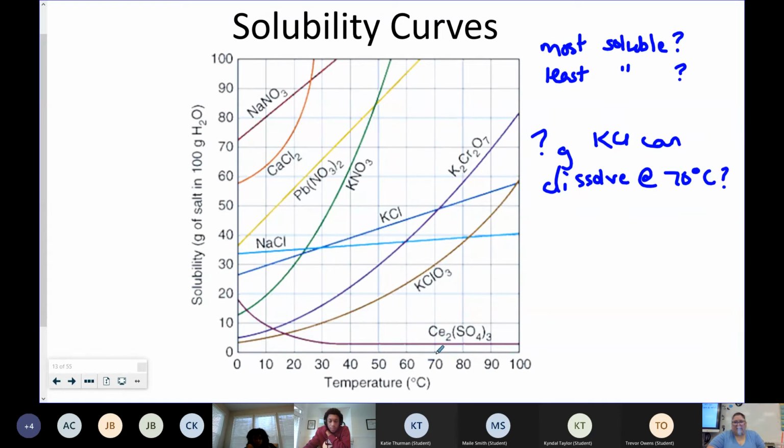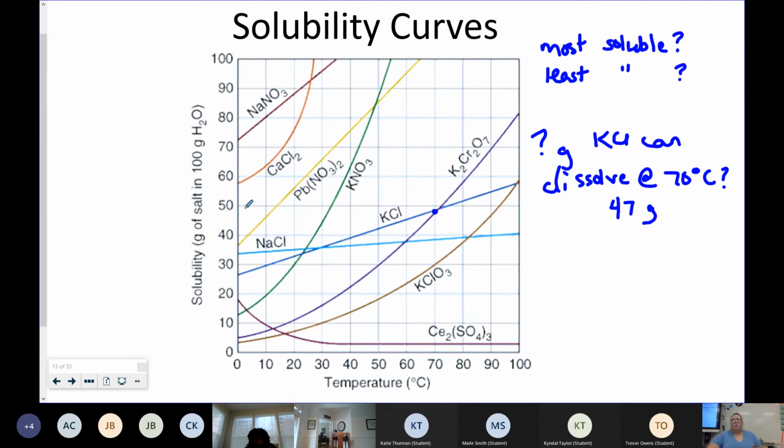So we'd say, okay, 70, we need to go up to the line for KCl, which is that dark blue one. So here's the line for KCl. How much can dissolve? That's going to be about 47 or 48 grams. There is kind of an acceptable range of an answer, but we know it's somewhere between 40 and 50, but it's closer to the top. So anything between like 45 and 50 would be an acceptable answer there.